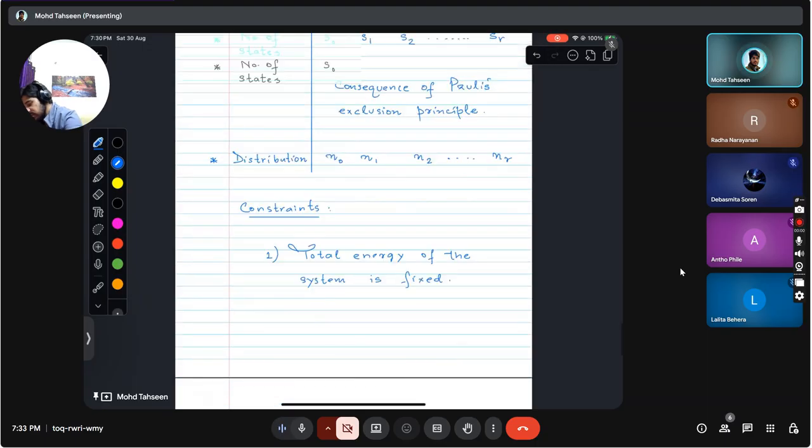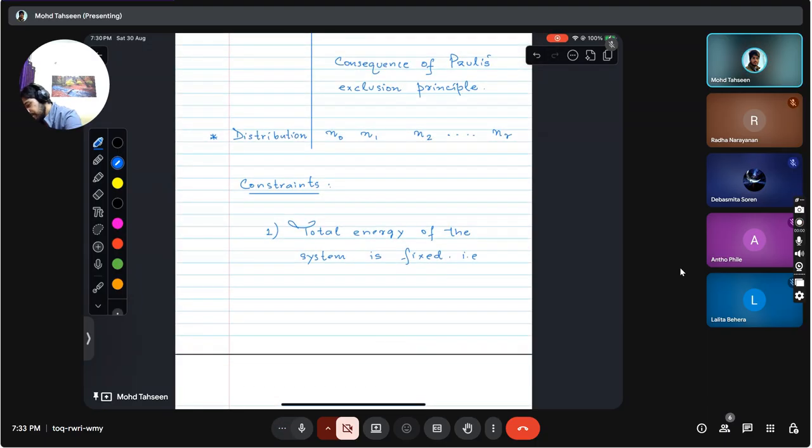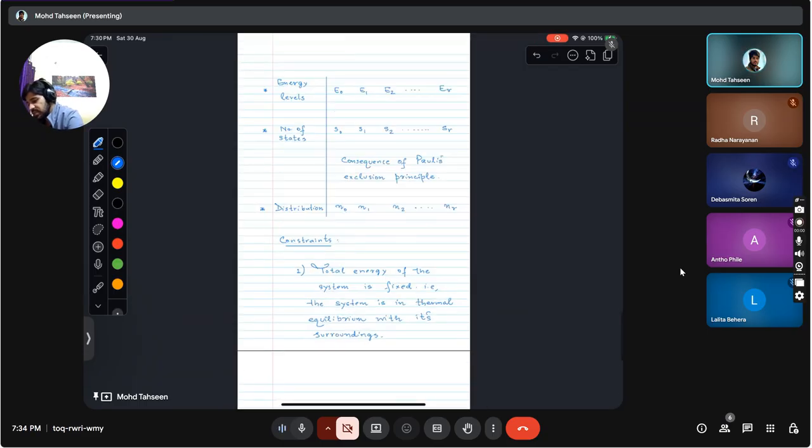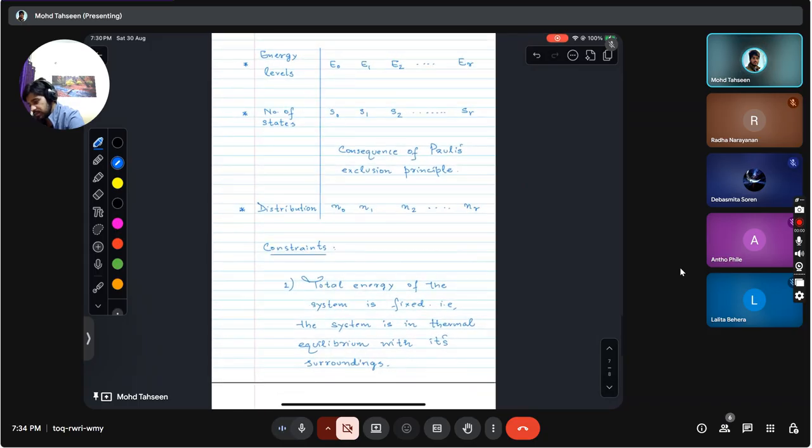Okay, and this means that the system is in thermal equilibrium with its surroundings. Okay, that's the first constraint we apply on our system.